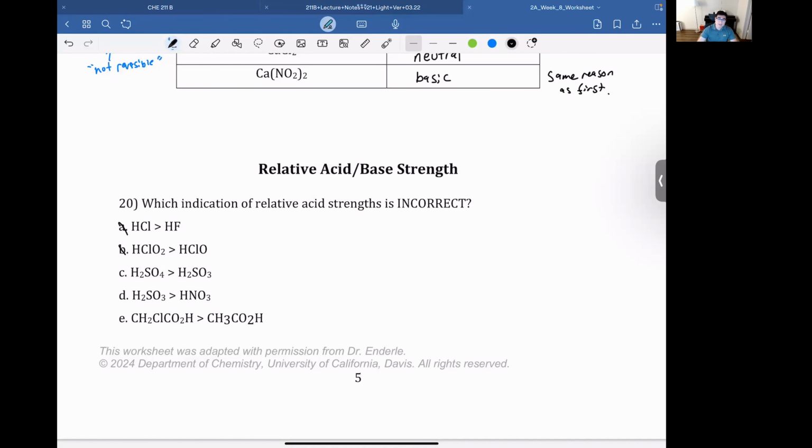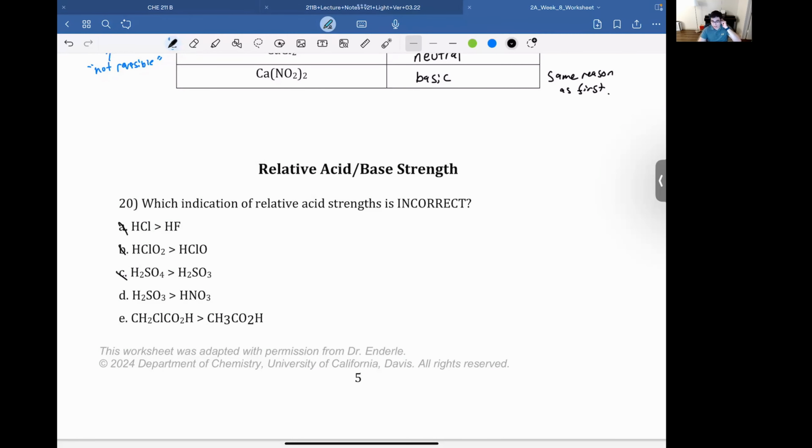As you go up in the ClO series, it becomes a stronger and stronger acid. So hypochlorous acid is weaker than chlorous acid, which is weaker than chloric acid, which is weaker than HClO4, perchloric acid. Then we have C, H2SO4 is stronger than H2SO3.